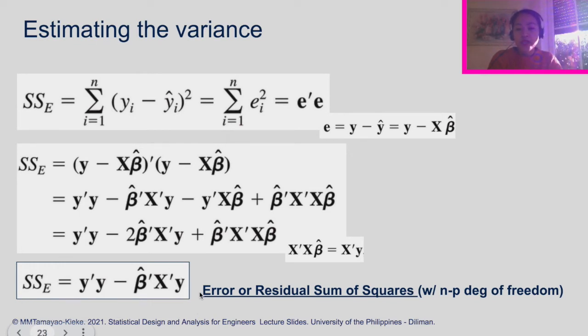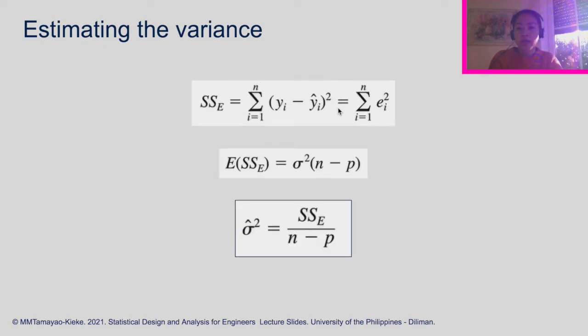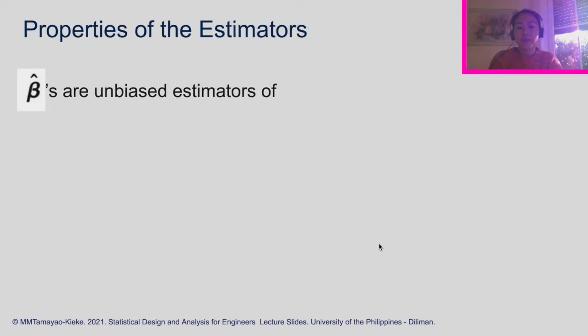And this is actually the equation for the error or residual sum of squares, with n minus p degrees of freedom. Based on that, the expected value of SSE is equal to sigma squared times n minus p. And therefore, the estimate of the variance, sigma hat squared, is equal to SSE over n minus p.